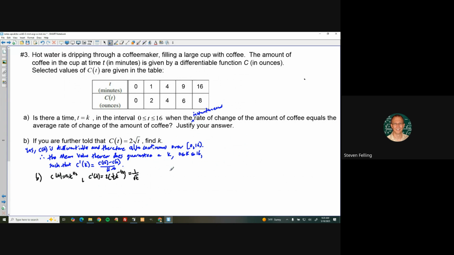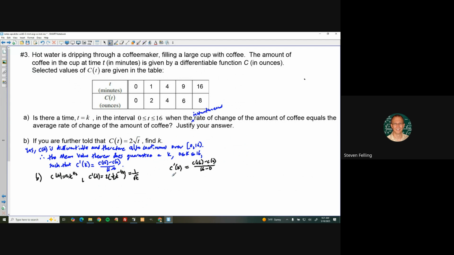So then we can say we know that c prime of k is equal to c of 16 minus c of 0 over 16 minus 0, because the mean value theorem is guaranteeing that.